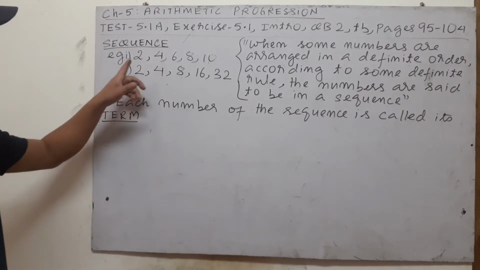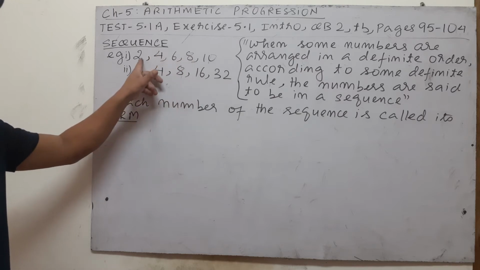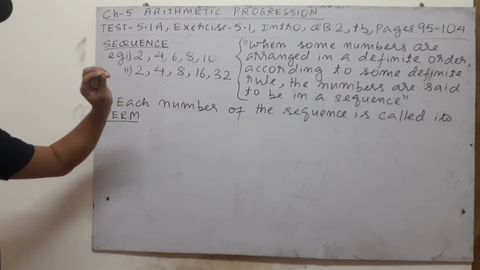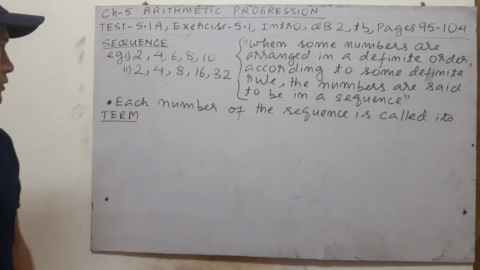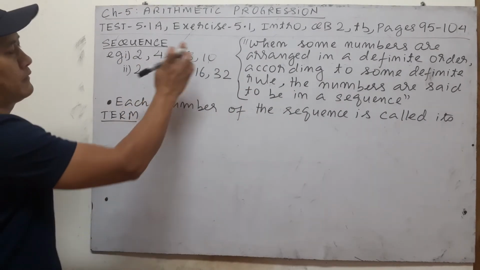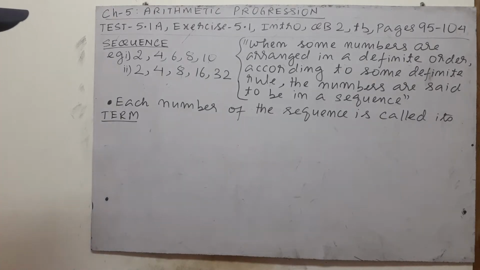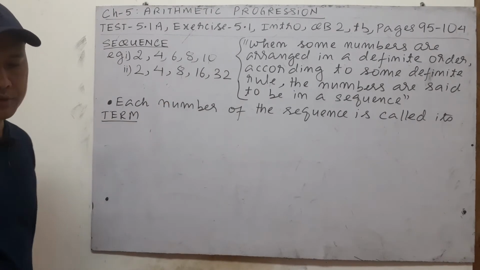What is a term? Each of these is called a term. So 2 is a term, 4 is a term, 6 is a term. Each number present in a sequence is called its term. So there are 1, 2, 3, 4, 5 terms, right? So that is the definition for a term of a sequence.